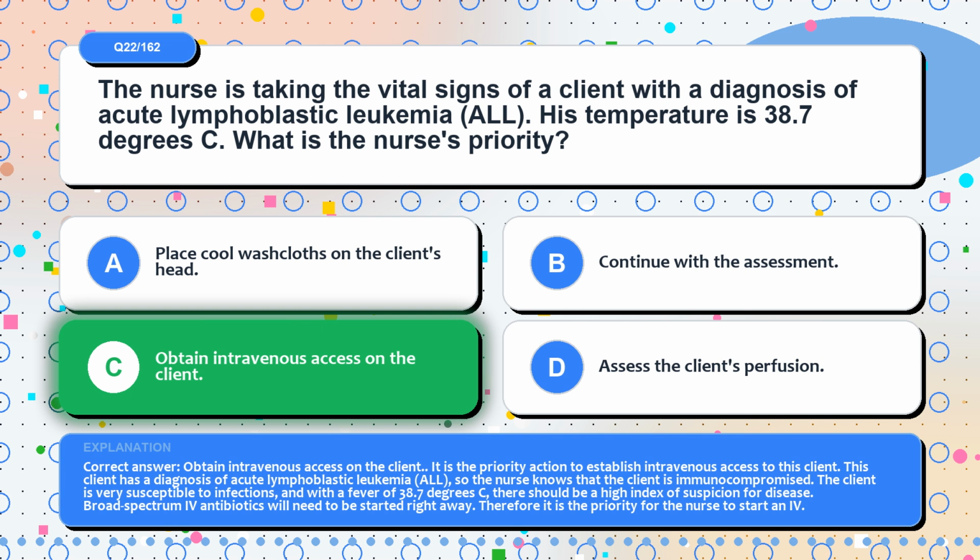The client is very susceptible to infections, and with a fever of 38.7 degrees C, there should be a high index of suspicion for infection. Broad-spectrum IV antibiotics will need to be started right away. Therefore, it is the priority for the nurse to start an IV.